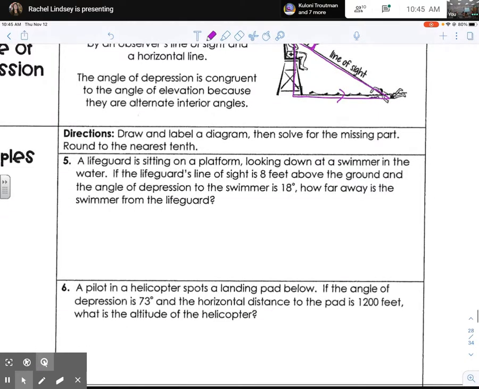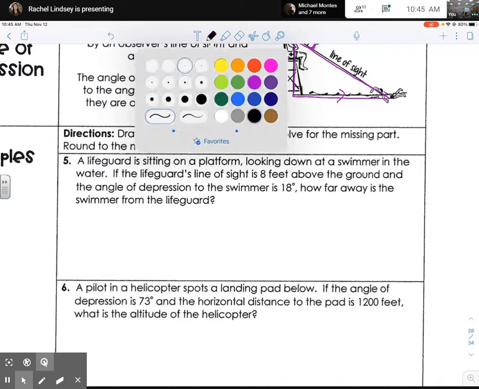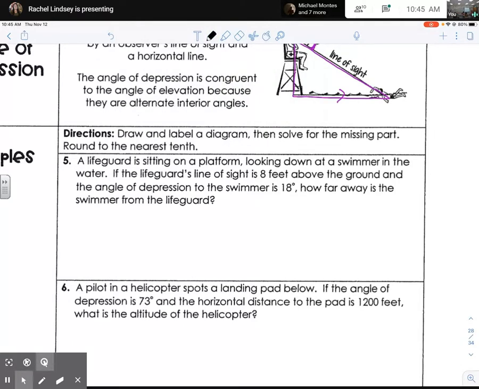So, angle of depression, remember, is just a straight line and then looking down. So I'm going to draw my triangle. It doesn't matter if you draw your triangle facing that way or the other way, it's just your picture.